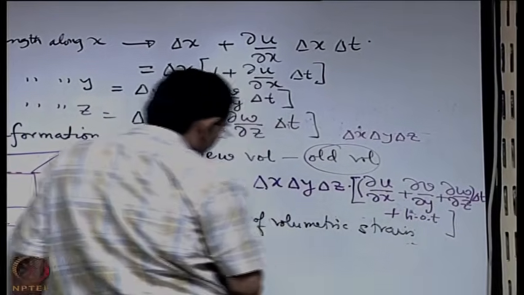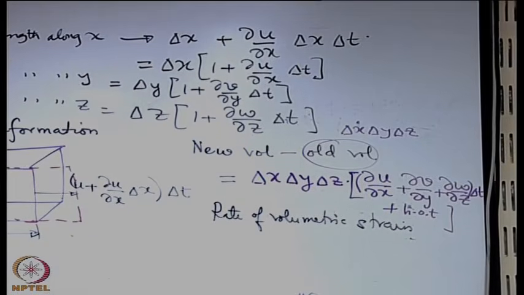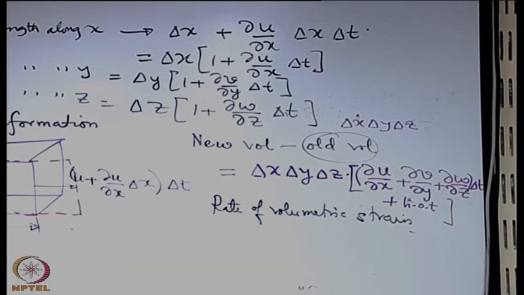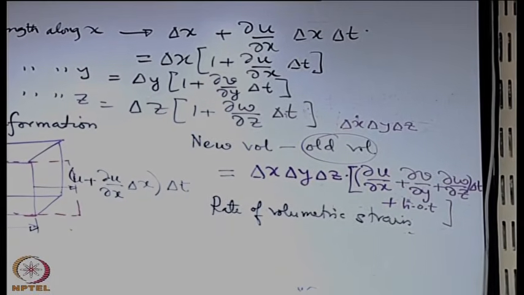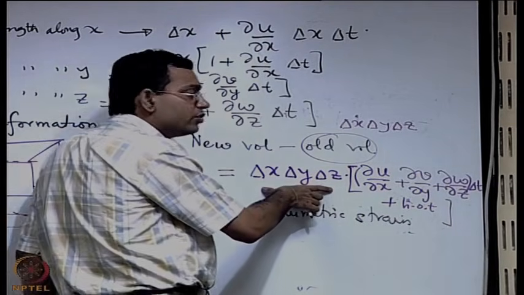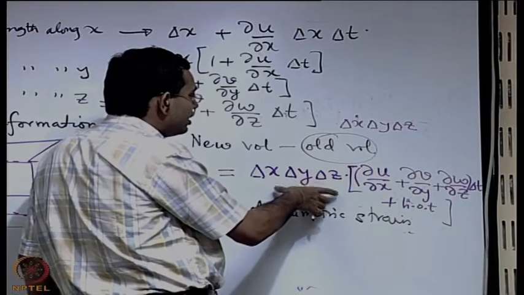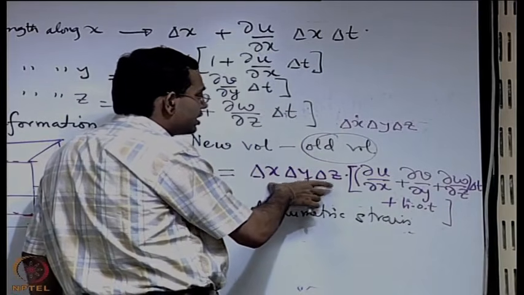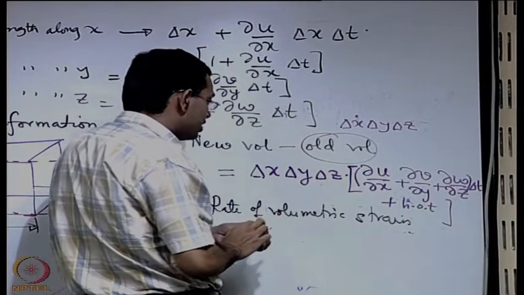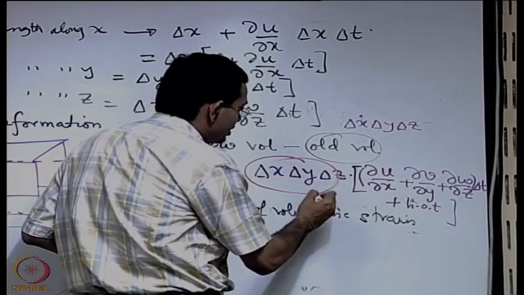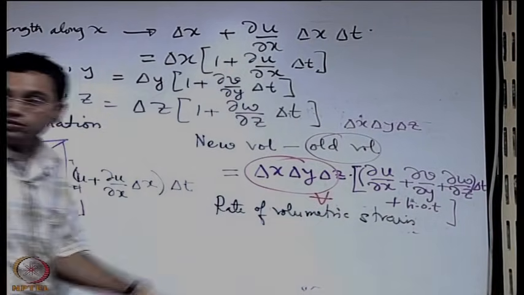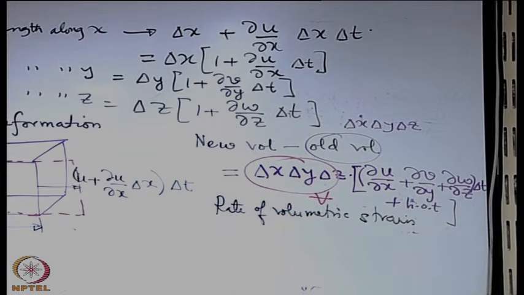So the rate of volumetric strain is the change in volume per unit volume per unit time, just like what we found out for the linear strain. So when you say per unit volume, you are basically dividing it by this delta x, delta y into delta z. So this is like the original volume. Let us give it a symbol V with a strike through. So that is the original volume.